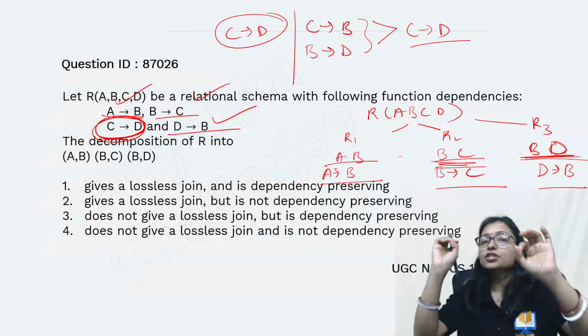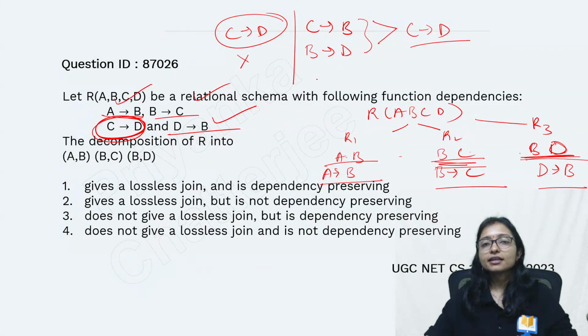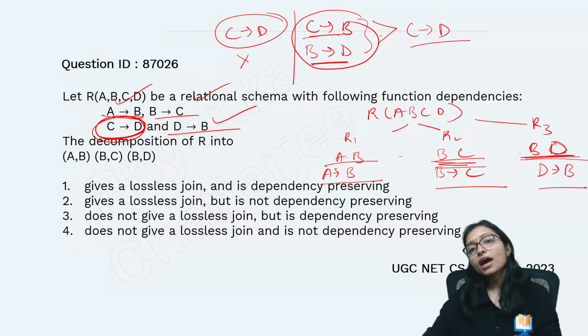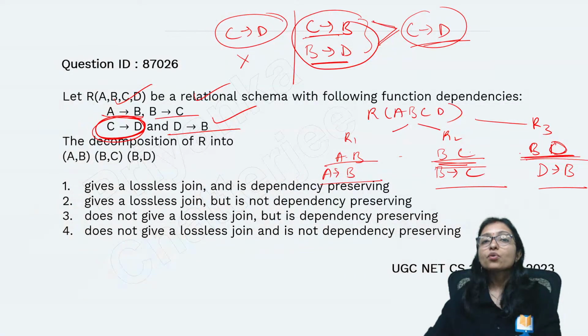This type of questions are always coming. This is I am not getting directly. Now indirectly I will try to find out. My target will be, can I get C implies B and B implies D? If I am getting, then from the transitive property I will get back C implies D. So now see how we will check. Just do the C closure.